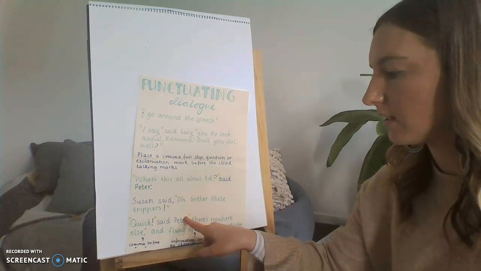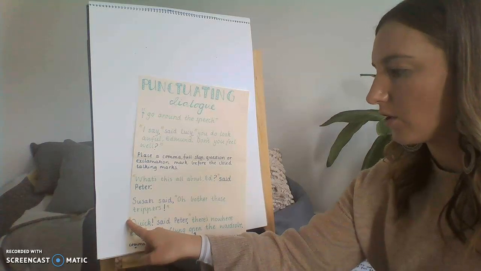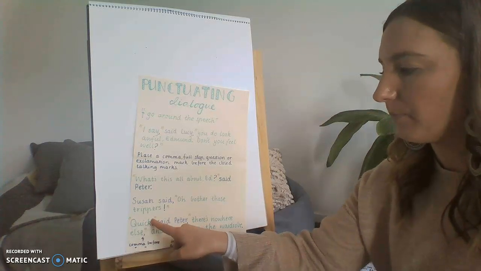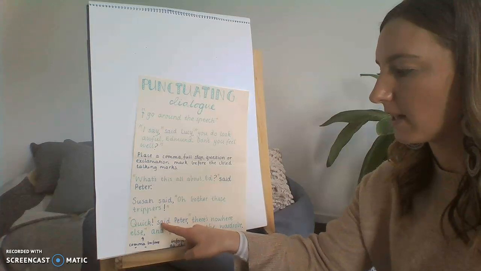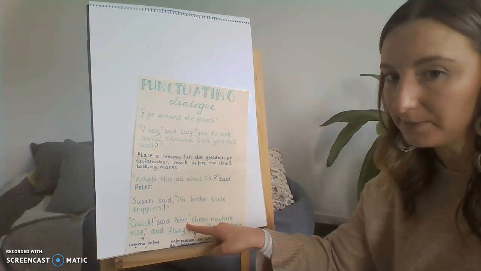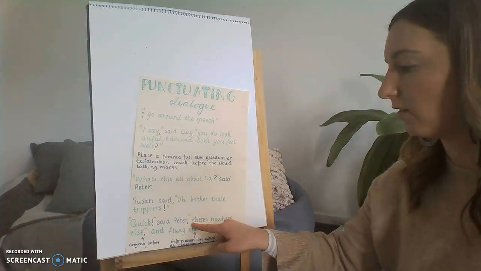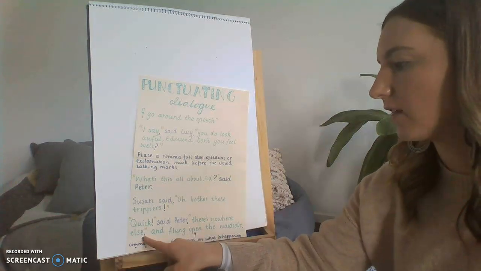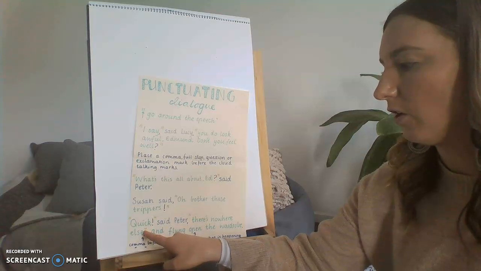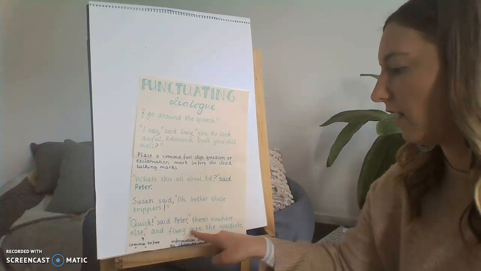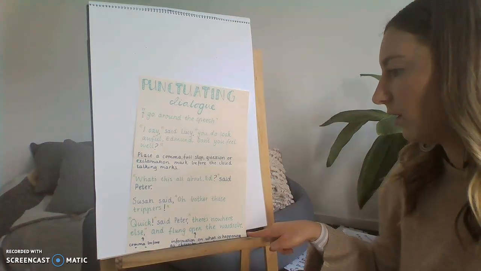It's a split speech. So open talking marks, "Quick!" exclamation mark, close talking mark, said Peter, comma, open talking mark, lowercase dialogue, "there's nowhere else," comma, close talking marks, and flung open the wardrobe, full stop.